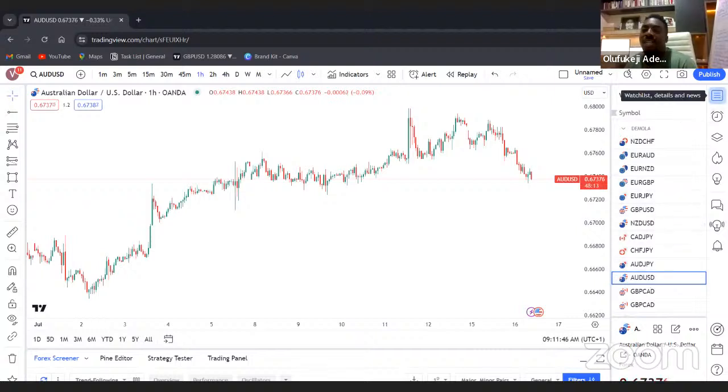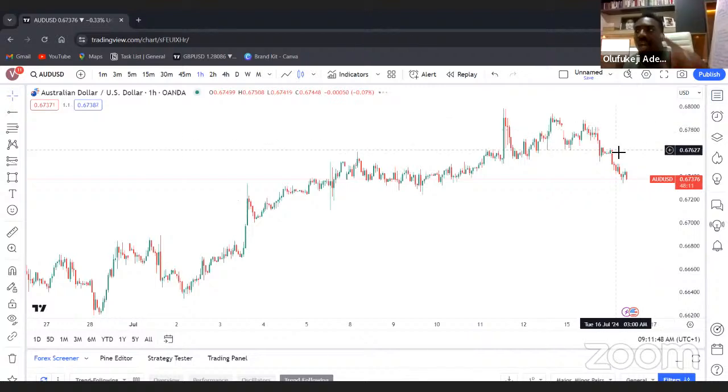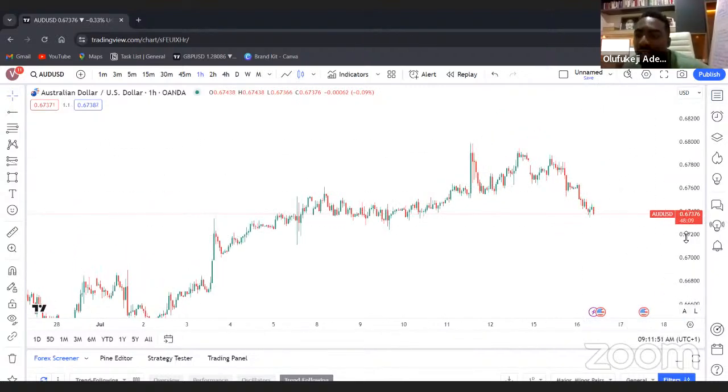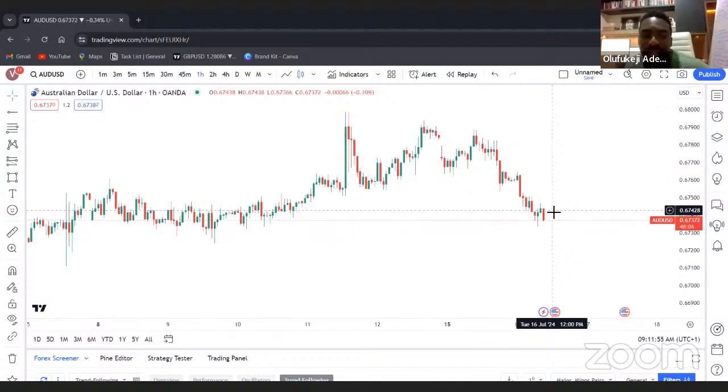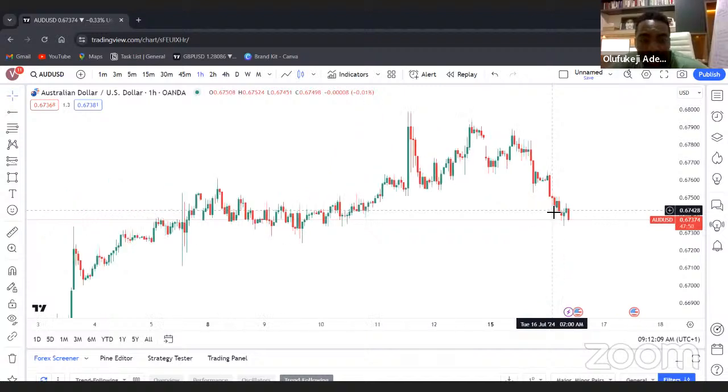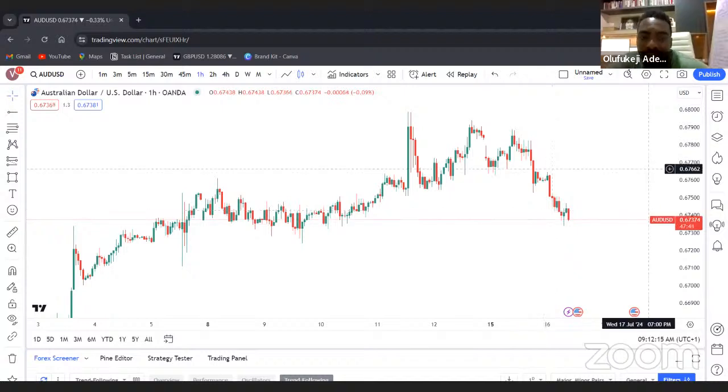I used to say, understand dealer counterparty risk and trade it, and then understand the relationship between correlated pairs and arbitrage their divergence. What are we seeing on the AUD USD? You can see that it has started pointing downwards. It's now at a range into that accumulation zone, and it's looking like it wants to break structure to the downside. Let's check NZD USD.